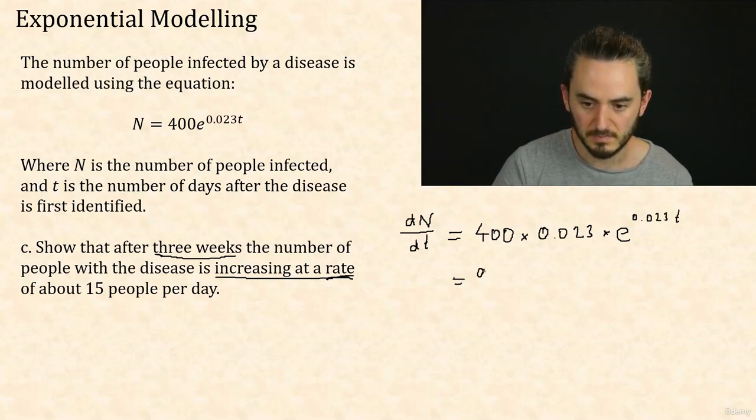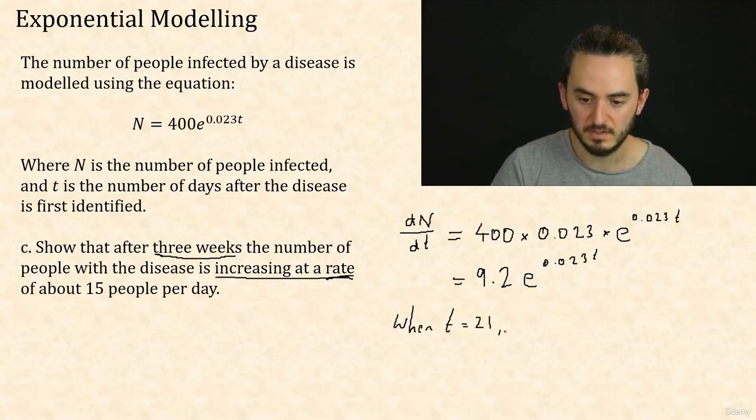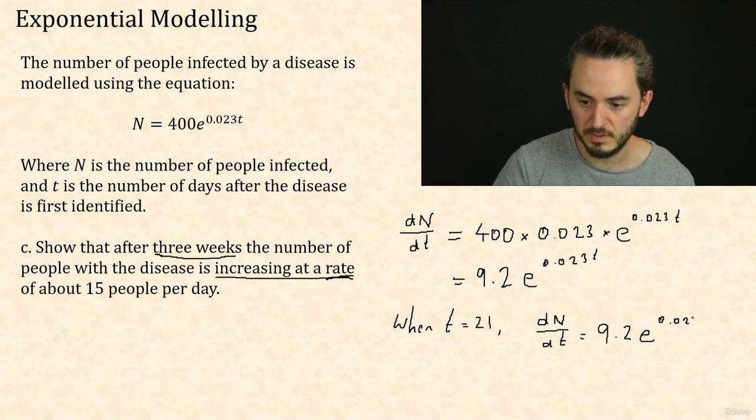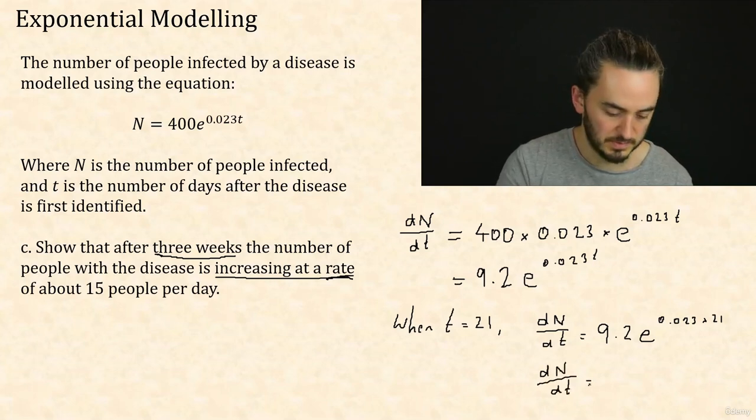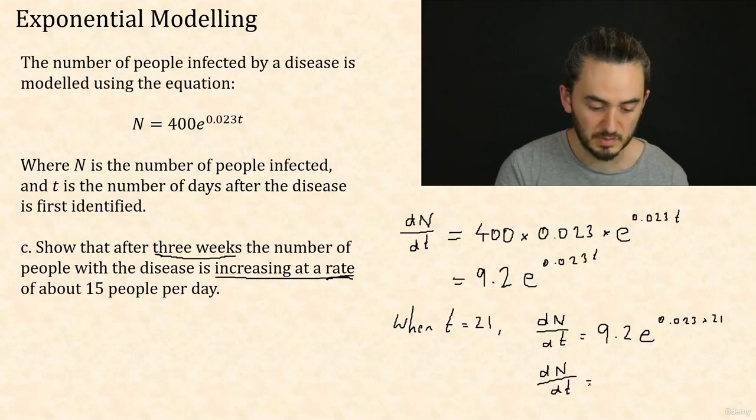So we get 9.2 e to the 0.023t. And now when t equals 21, because that's after 3 weeks, we get dn by dt, and I'll just sub that in. So 9.2 times e to the 0.023 times 21. And what do we get? dn by dt equals, we'll key that in, 9.2 times e to the 0.023 times 21.